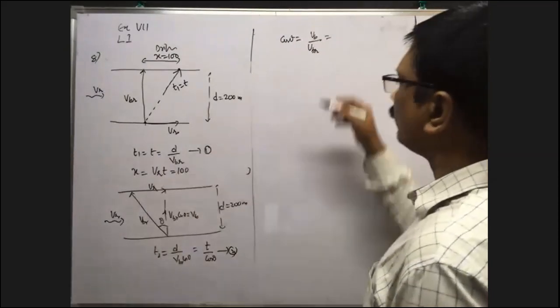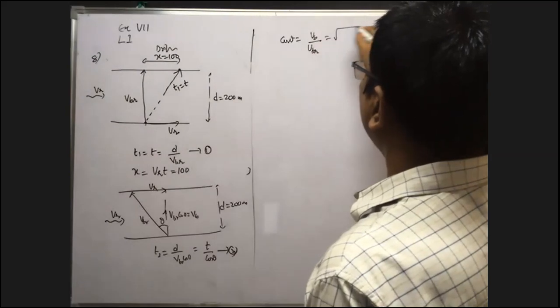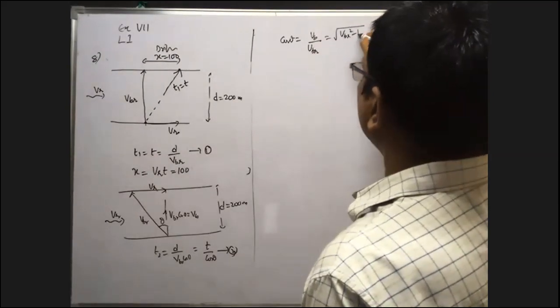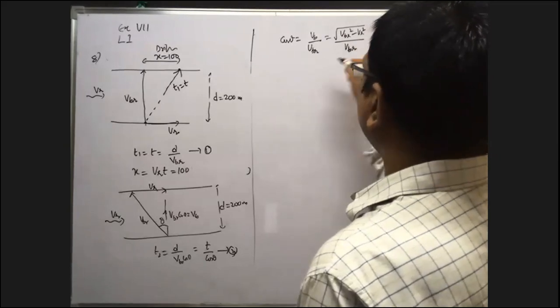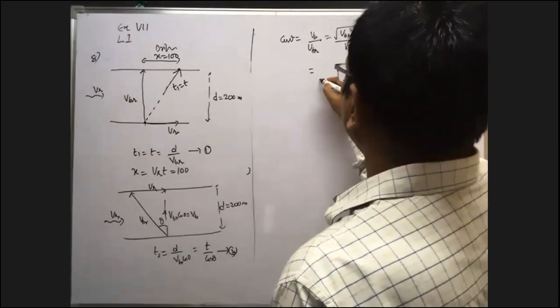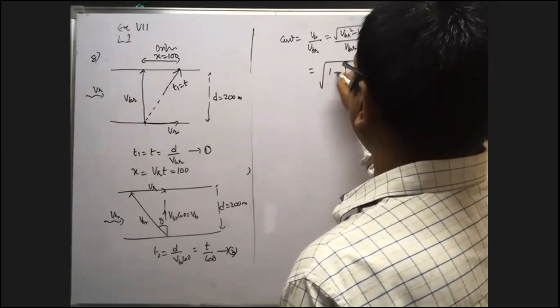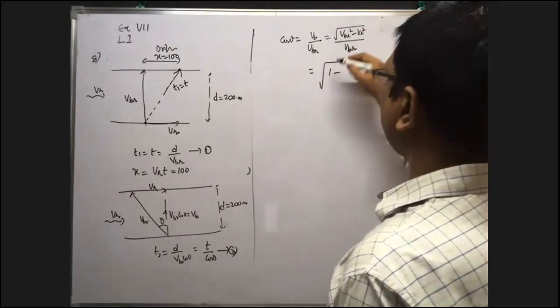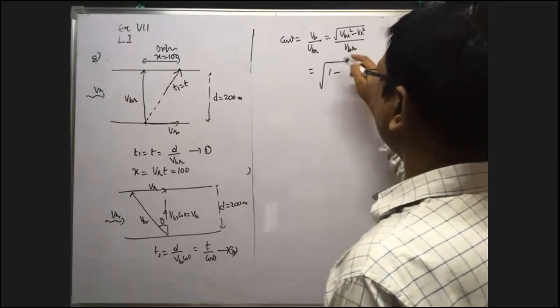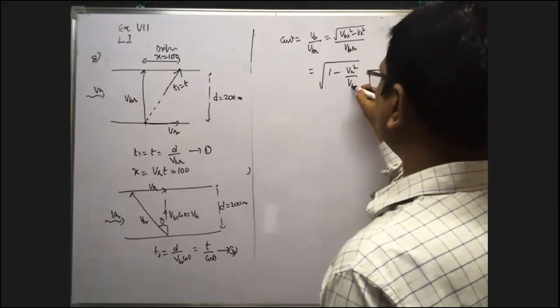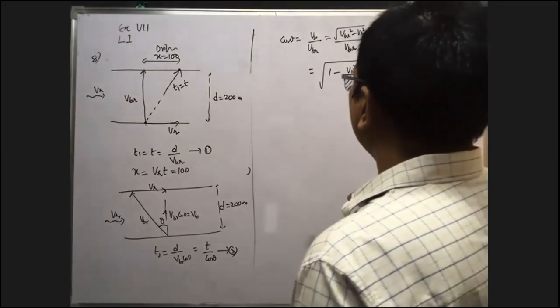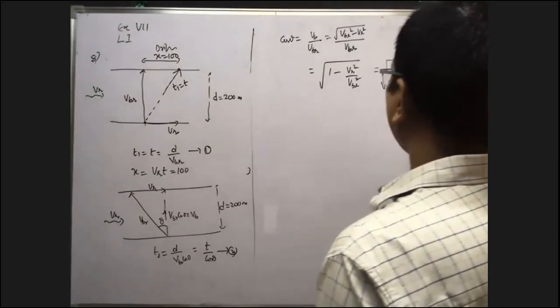So cos theta is square root of VBR square minus VR square by VBR. Writing VBR inside the root, we get square root of 1 minus VR square by VBR square.